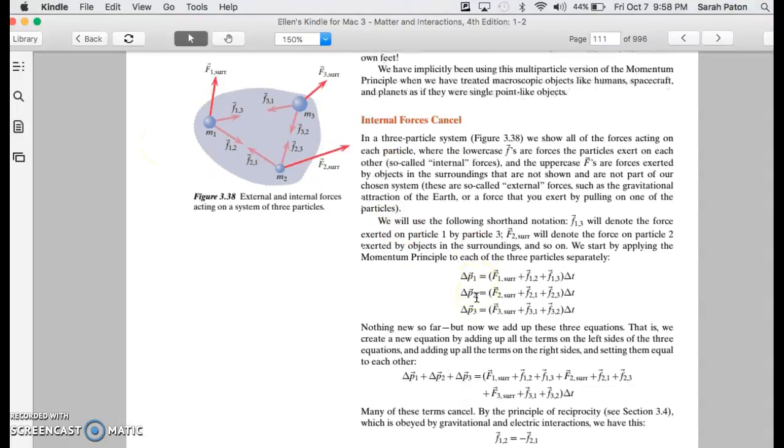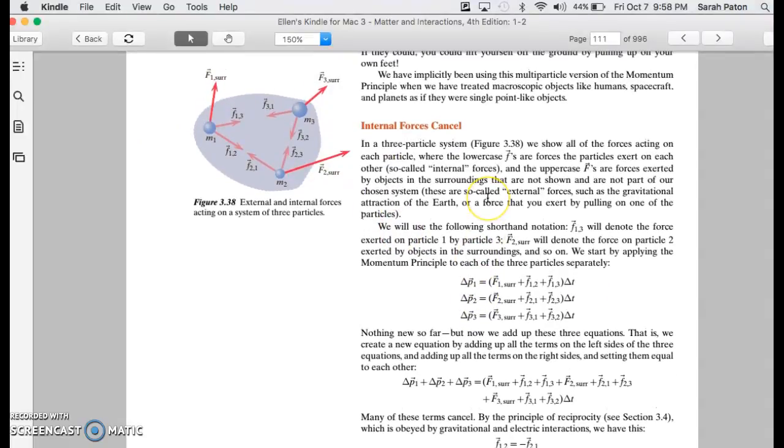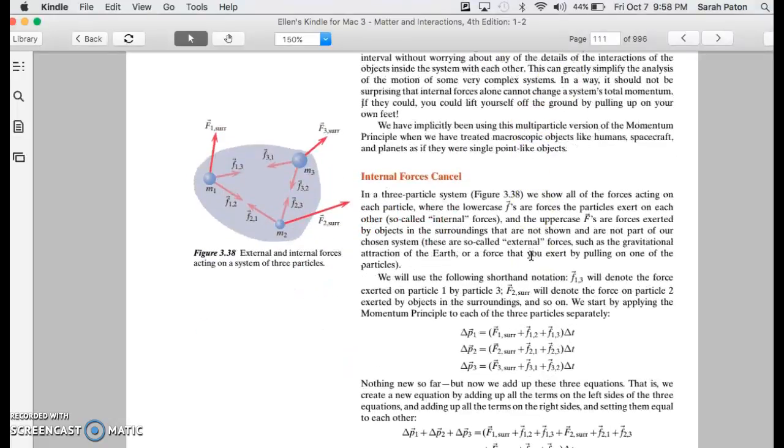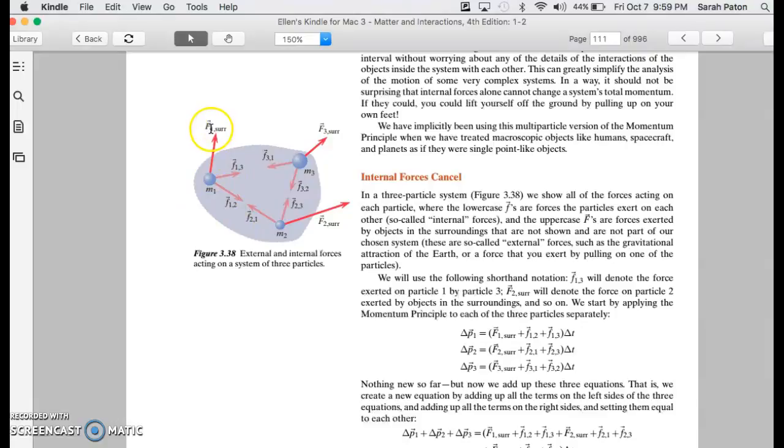Anyway, first we define, going back to this, the change in momentum of all the individual objects. So the change in momentum of particle 1 is the force of the surroundings on 1 plus the internal force of object 2 on object 1 plus the internal force of object 3 on object 1, and this is all times change in t.